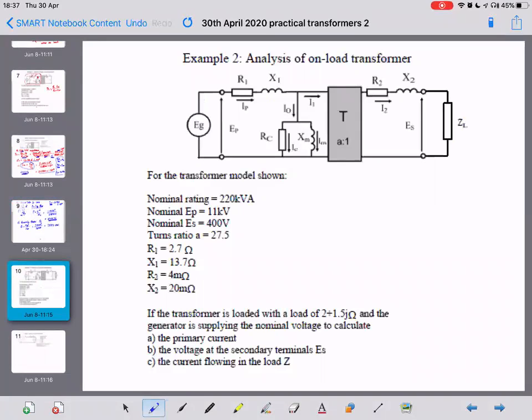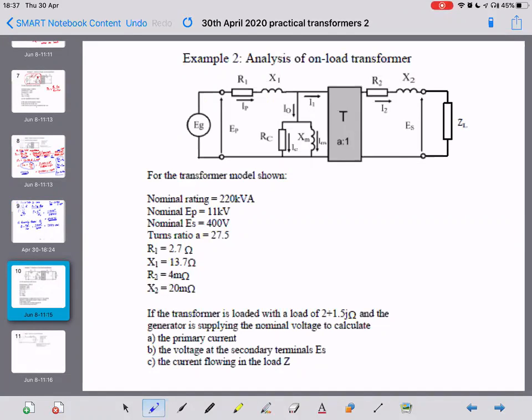So the diagram there of the full model. Okay, we're going to use the simplified full model. So take away the components and ignore RC and XM. Being given a nominal rating as 220 kVA. So it's a big 11 kV down to 400 transformer.